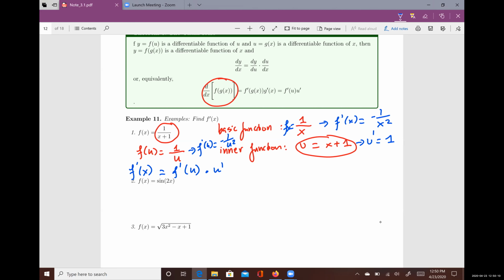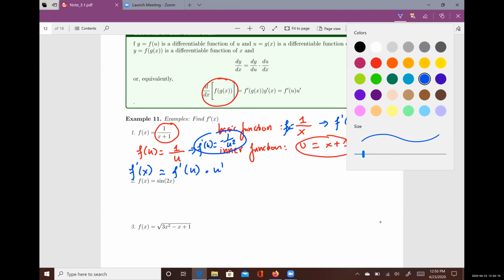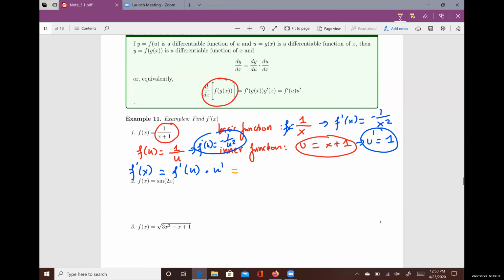Okay, so combine these two together, I know that the derivative of the function equals negative 1 over u squared times 1, which is u prime. But you are finding the derivative of the function f of x in terms of x, so you need to replace u by x plus 1. So the final answer should be negative 1 over x plus 1 squared times 1, which is just negative 1 over x plus 1 squared.